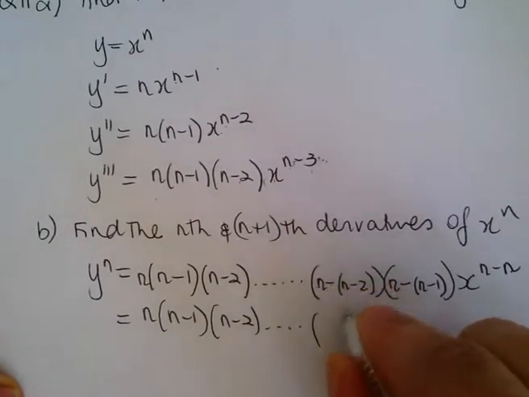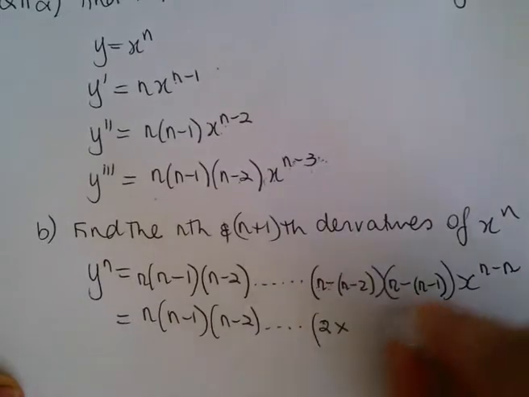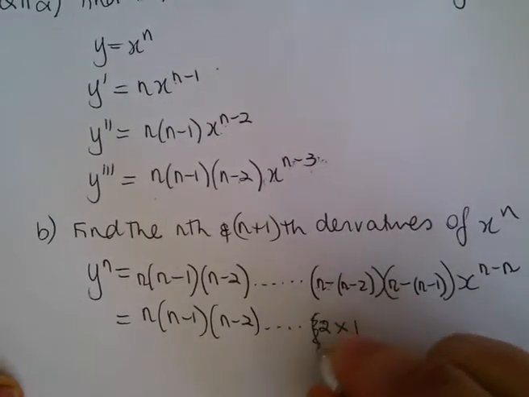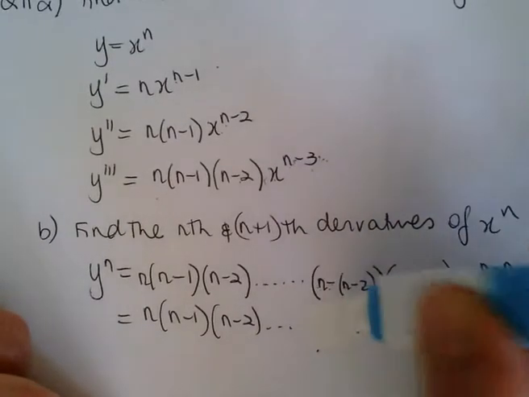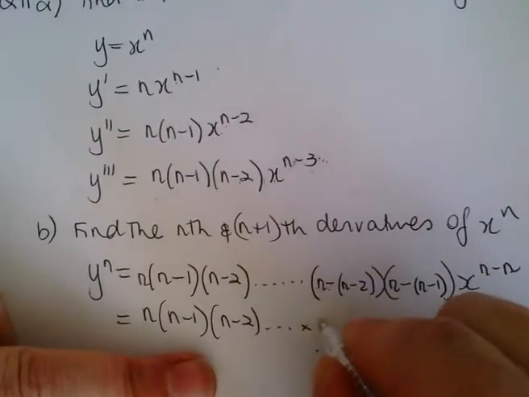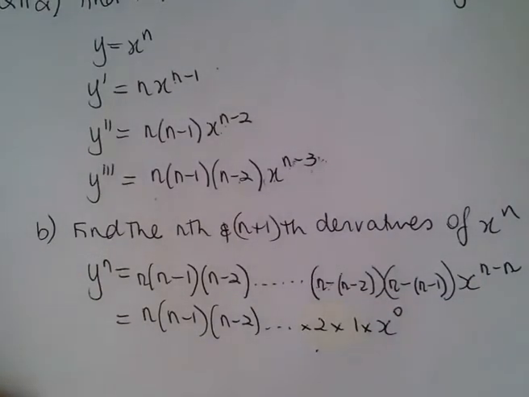Well, what's this? Isn't that just a 2? n minus n is 0 plus 2. So that's just times 2 times 1. Basically, you're starting from times 2 times 1 times x to the 0.